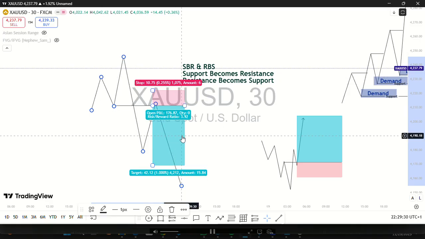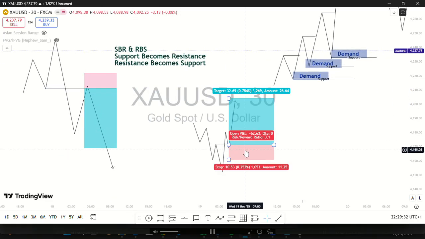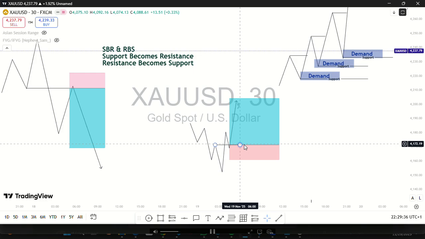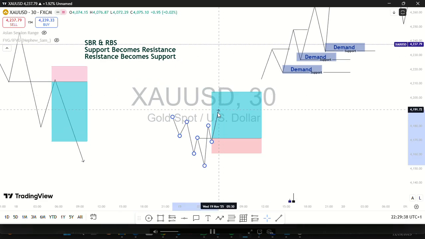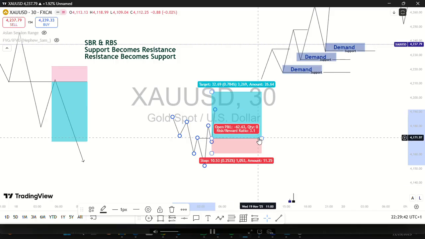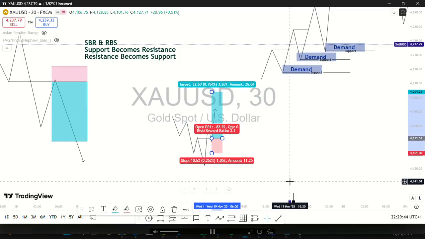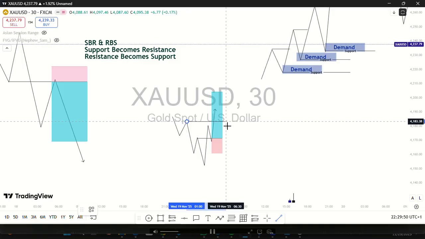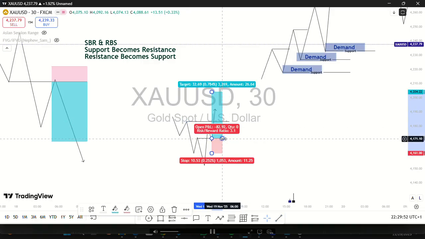So now this is the case of resistance becomes support, and subsequently, if price had done something like this, we can even get more and more trades because there's a new support resistance that has become support. You can see this here.